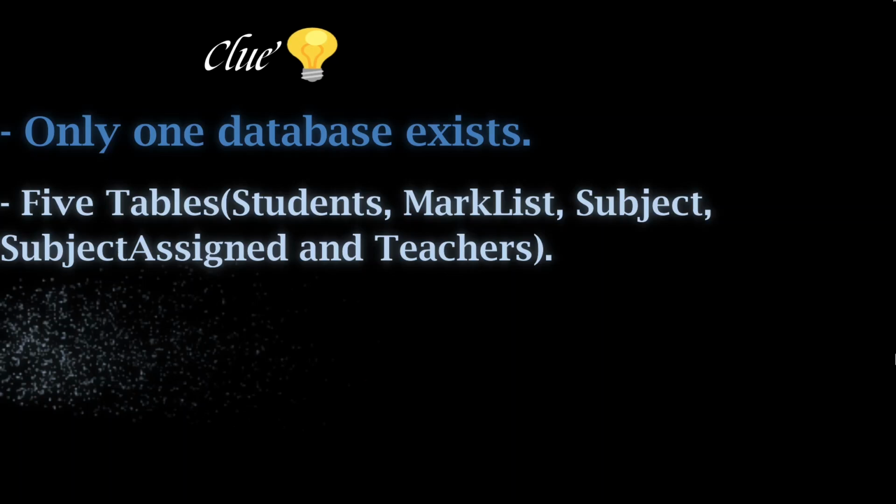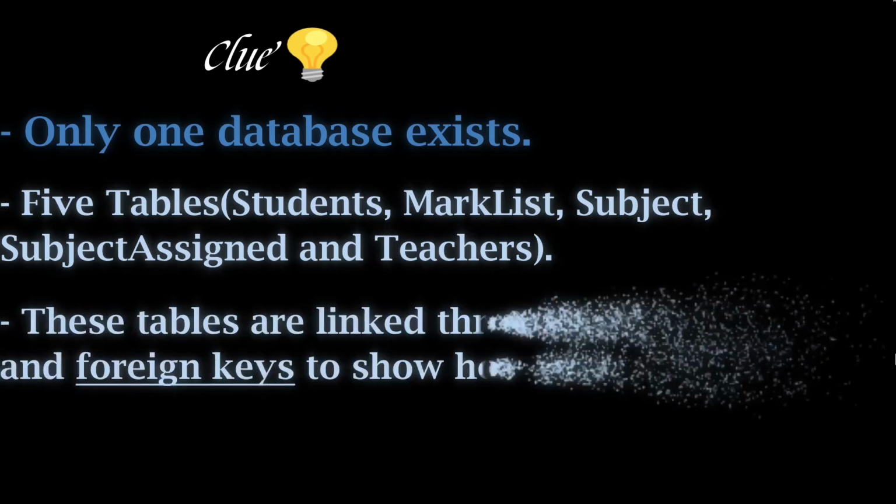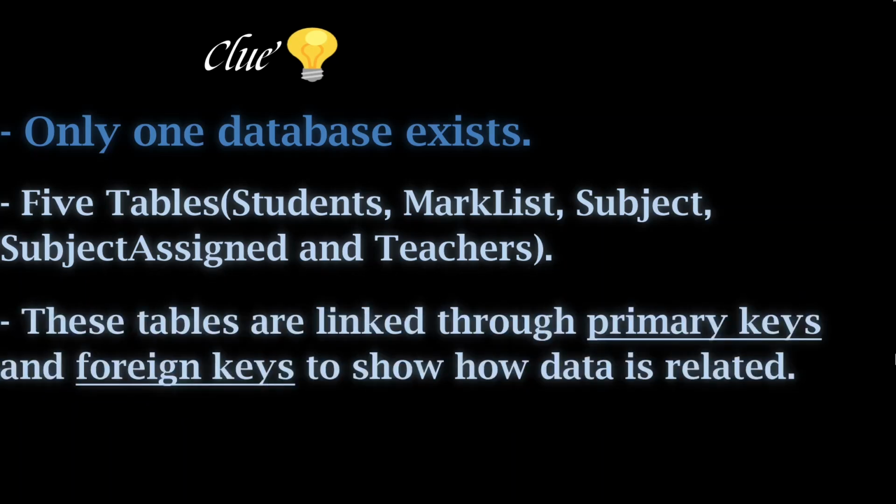These tables have their own different records. They are linked by primary keys and foreign keys to show how data is related. That is why we call it a relational database management system. We have seen that a primary key in one table is used as a foreign key in another table to link or connect the two tables to each other. Okay, let's see.